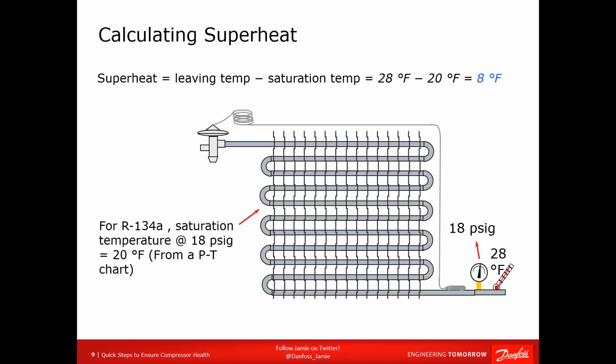Let's say you got an evaporator like you have here, being fed by a metering device, in this case a TXV. You put your gauge on the evaporator, it's 18 psig, pounds per square inch gauge. You've got R134A. Look at a chart or an app on your phone, it tells you you have a saturation temperature of 20 degrees.